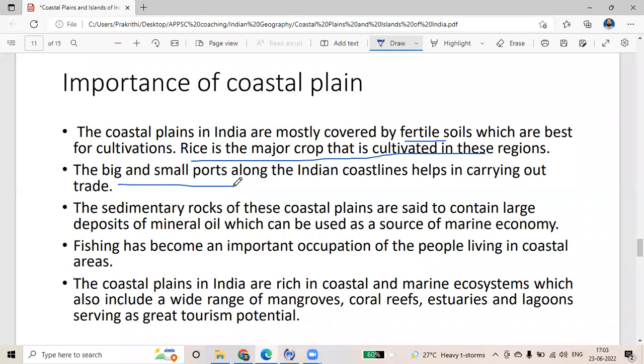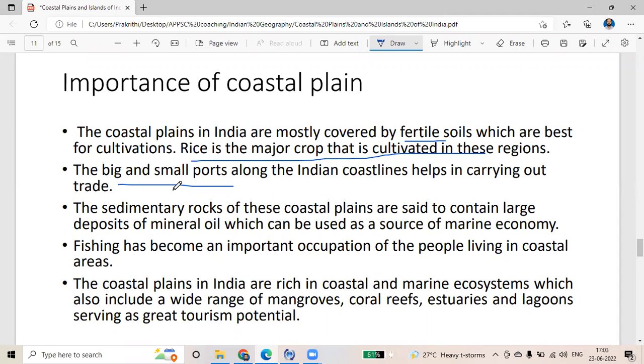I have mentioned Bombay High. India's biggest oil deposit is in Bombay High, which is in the western coastal plain. Then we have monazite deposits, an energy mineral and rare earth mineral, found on the Kerala and Karnataka coast.